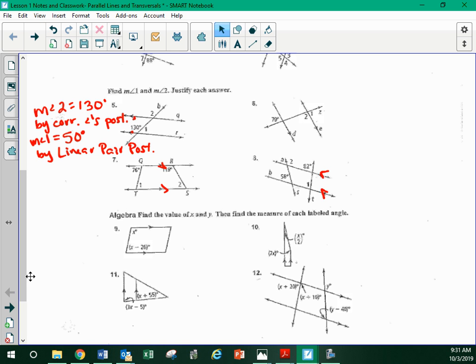These are supplementary, 58. You can use 58 if you have it. So 180 minus 122. What are we trying to find? Linear pair. Don't look at the other.